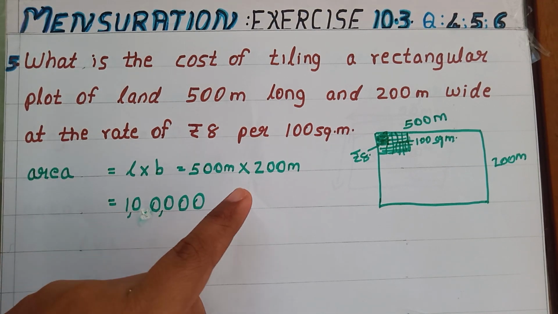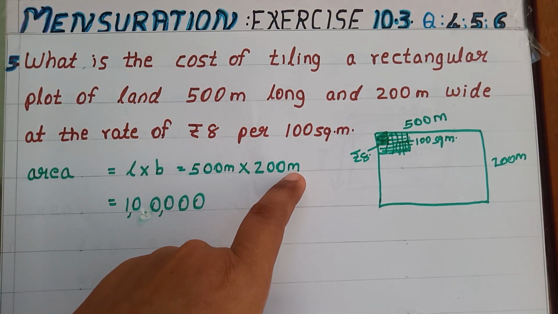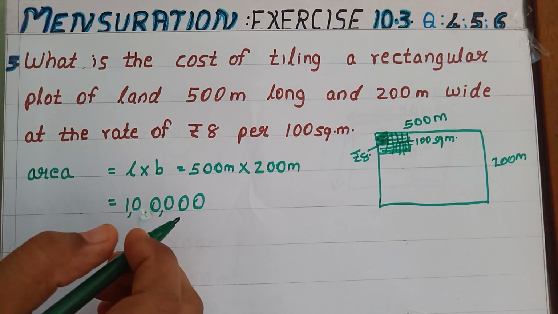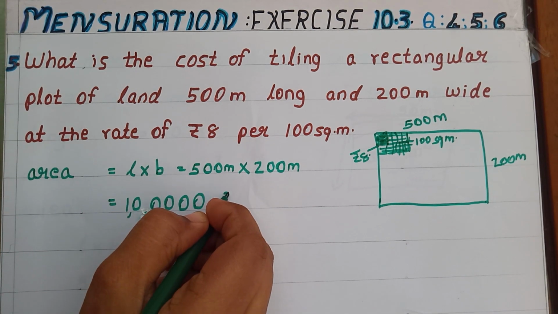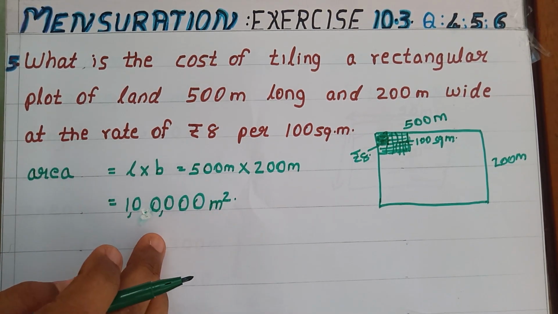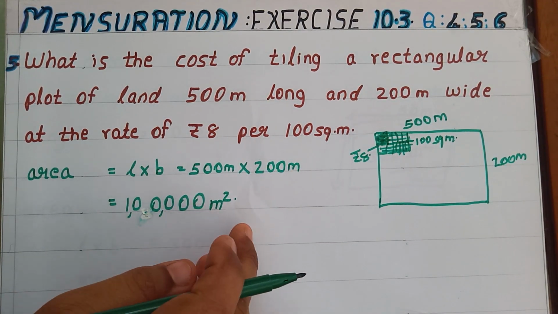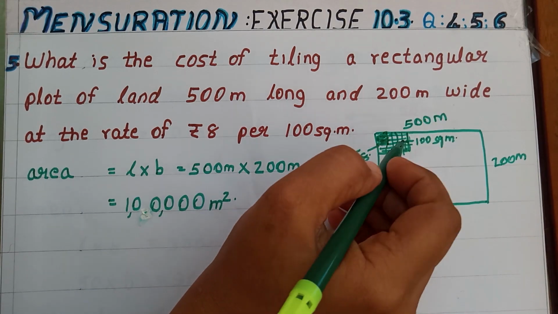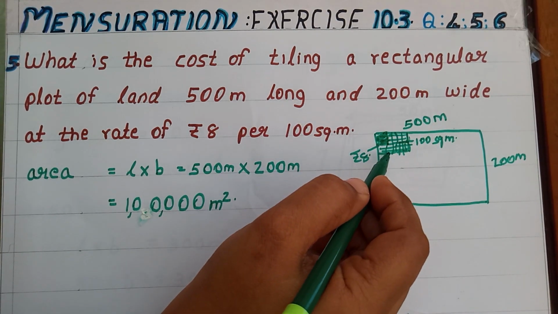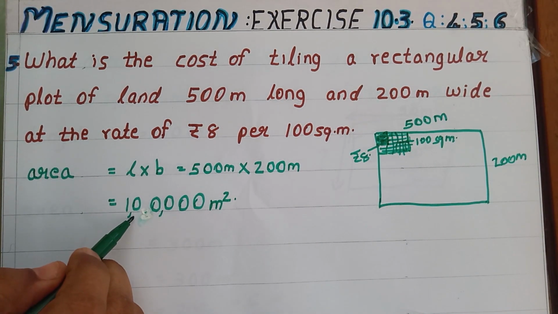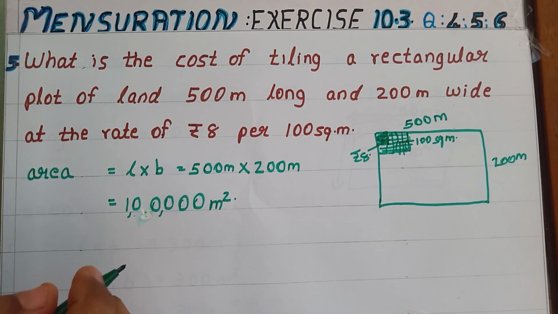That means multiplying 500 and 200, we will be getting 1 lakh meter square. So area of this rectangular plot is 1 lakh. Now we are going to find out how many such 100 square meter pieces we are going to get from this 1 lakh meter square.